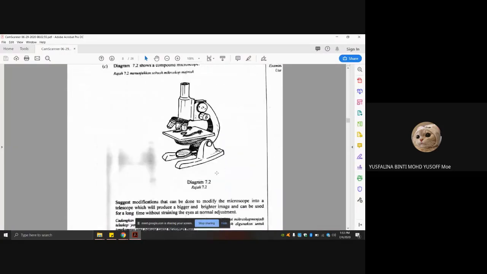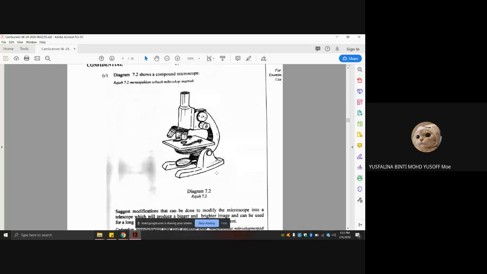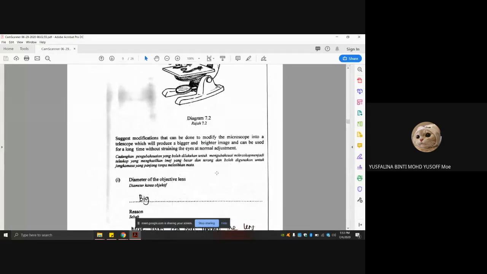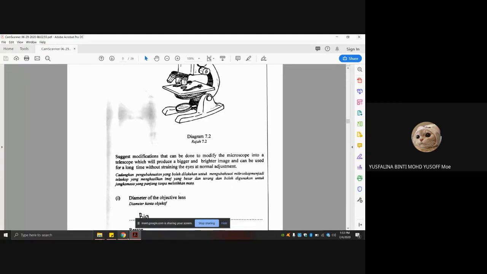Okay, the next one is the compound microscope. Suggest modifications that can be done to change the microscope into a telescope, which will produce a bigger and brighter image and can be used for a long time without straining the eyes at normal adjustment. First, the diameter of the objective lens.